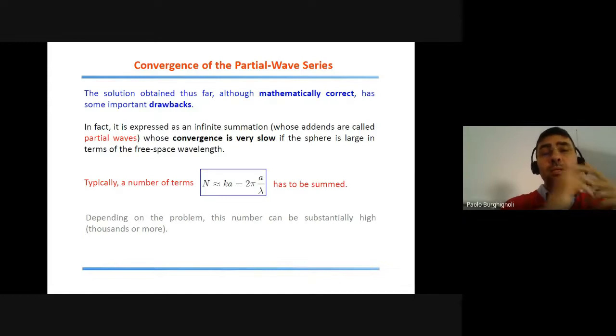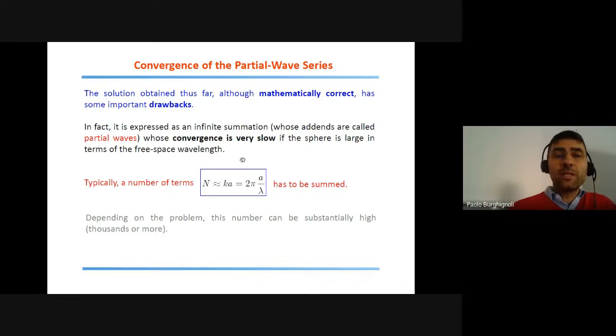In fact, the solution is expressed as an infinite summation of terms which are called partial waves in the literature. And this summation may have a convergence which is very slow if the sphere is large, in particular if its dimensions are large in terms of the free space wavelength.